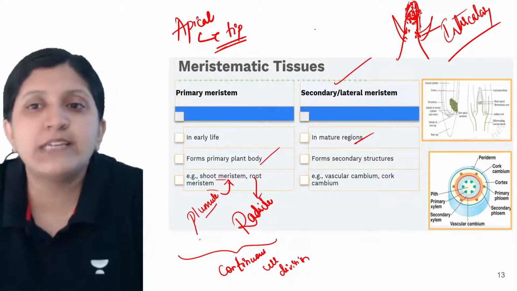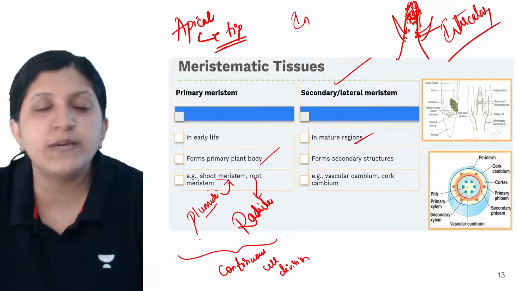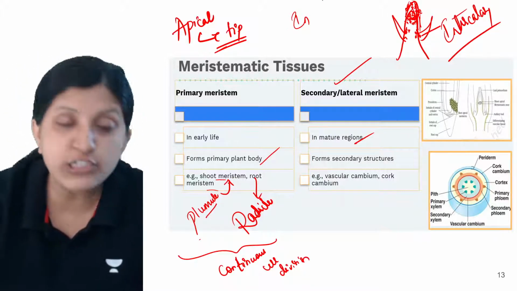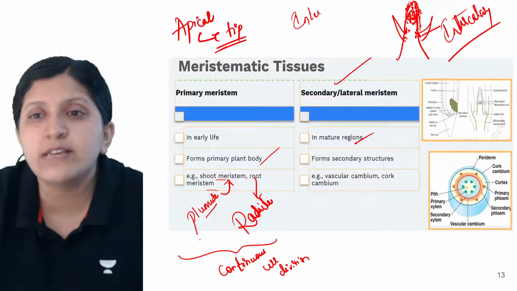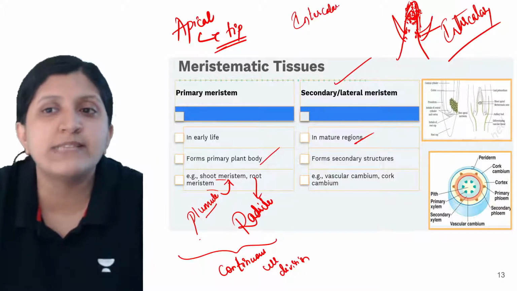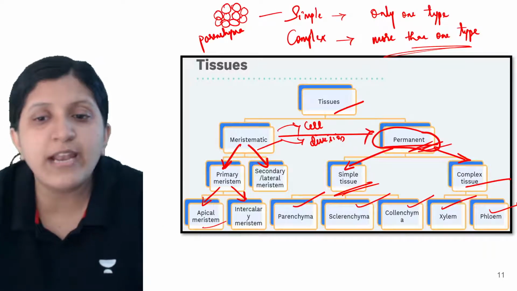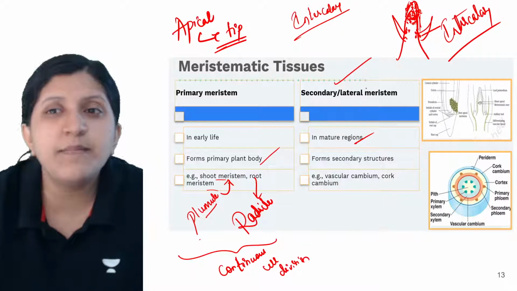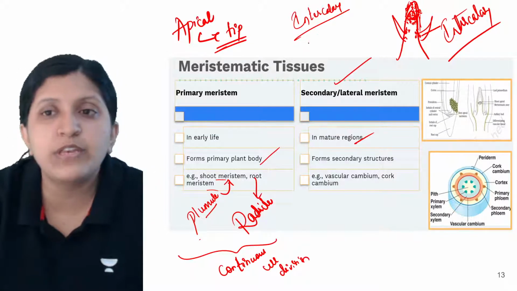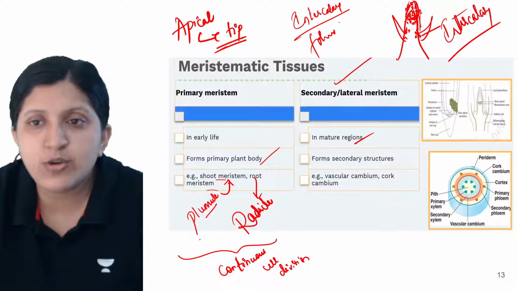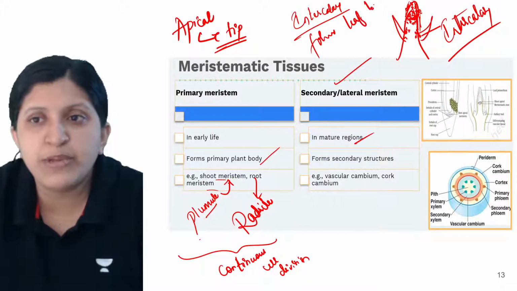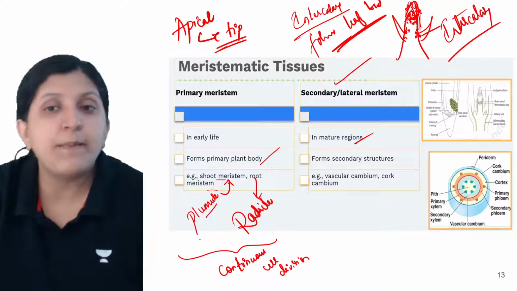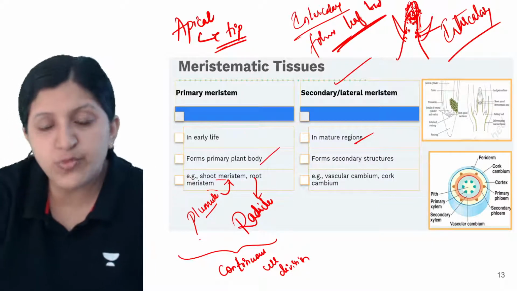Now what is intercalary? That is in between the meristematic tissue. You can find this intercalary, which still has the capacity to undergo cell division. That intercalary meristem can form buds, leaf and bud formation. That is mainly because of the intercalary. There is one more example.